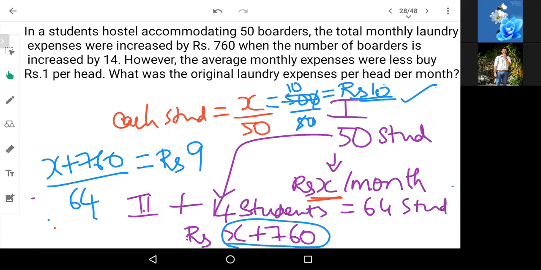See, understanding of the question is very, very important, because if you're not able to analyze, you'll not know what to derive and how to solve. So understood? Any doubts?